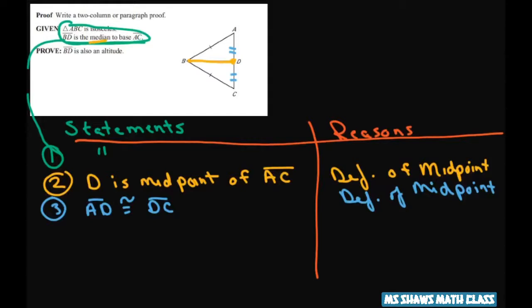All right, now for 4, we can say that AB is congruent to CB. And that's just definition of isosceles. It's already marked here. So that's definition of isosceles triangle.